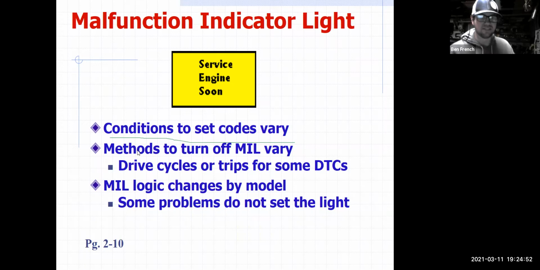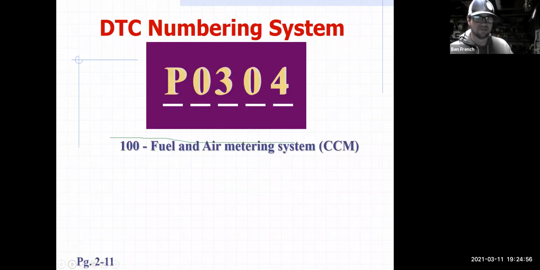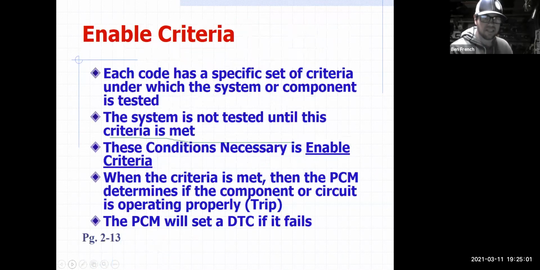But that gets us to this slide, enable criteria, right? Remember that every code that's in that computer system has a specific set of criteria that need to be met before the computer will test for that code, right?